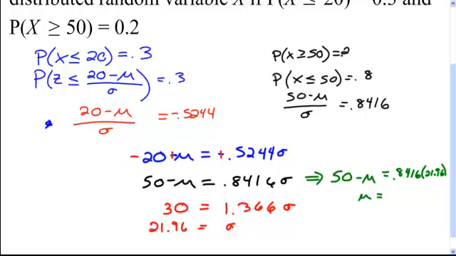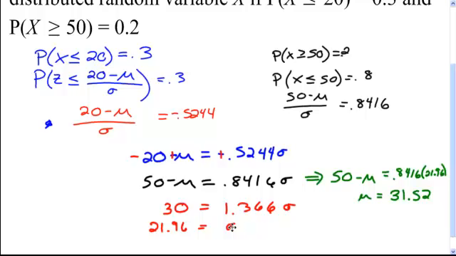Therefore my mean is 31.52. And if I'm questioning this, I can take my mean and my standard deviation, plug them back in, and calculate my z-value, and it better equal the probability being 0.3 for the first one, and the probability of it greater than or equal to 50 giving me 0.2.